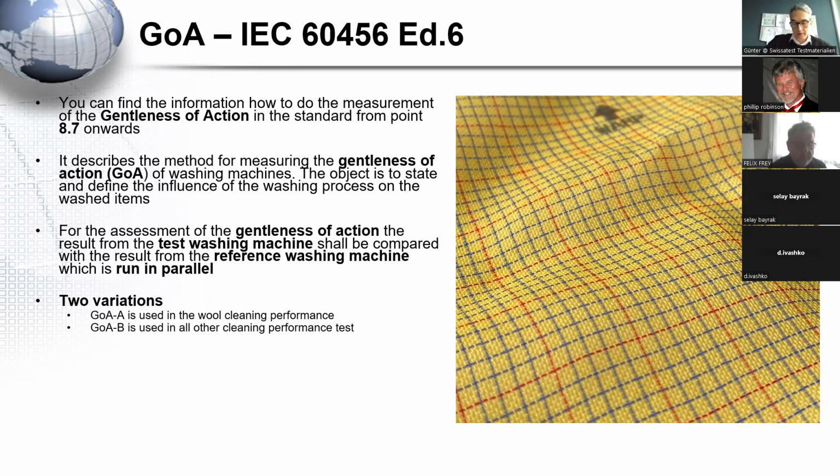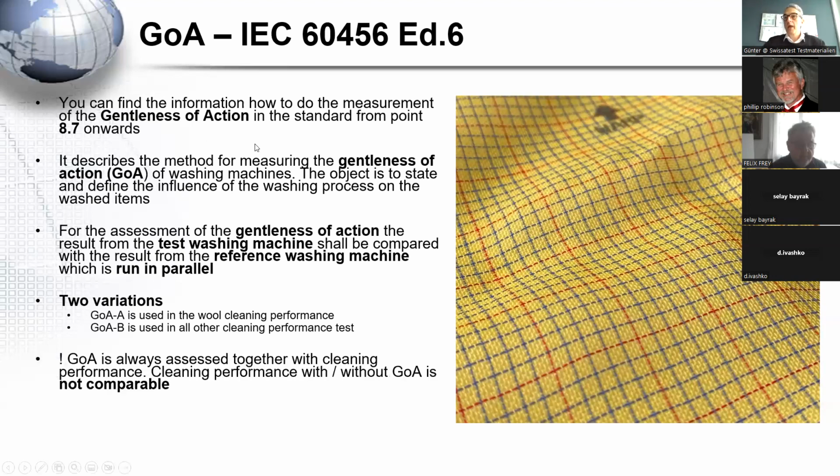Then it is covered and protected by a load item. The GoA, this is important, is always assessed together with cleaning performance. The cleaning performance with or without GoA is not comparable. This means you cannot compare a test series where you use the GoA to another one where you didn't use the GoA. So you can always compare it with GoA or without GoA.